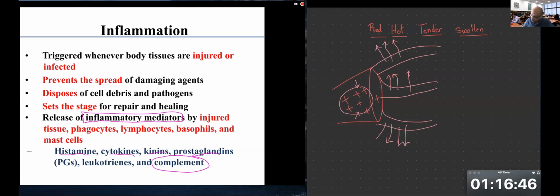And as more fluid travels outside of the capillaries, and only a little of it returns back before it gets drained into the venules, this is going to cause the accumulation of fluid between the cells. This is what will cause the swelling accompanying the inflammation.